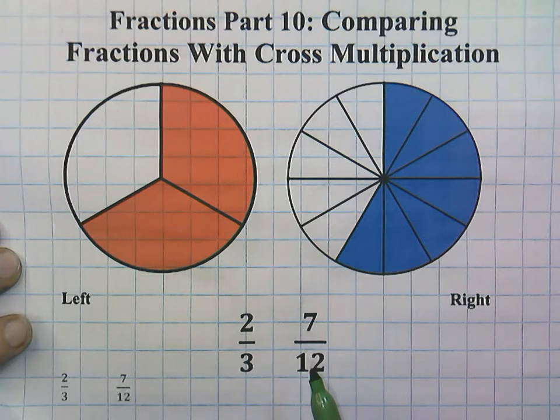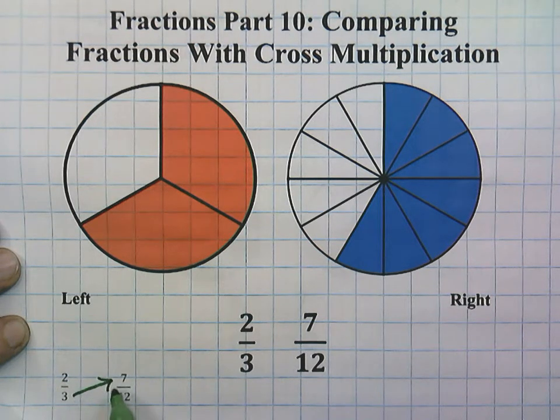So cross multiplication is when you would take the 2/3, you would multiply the 3 times the 7, and then write it up there, and then the 12 times the 2, and then when you get your product, you would compare them. And it has that cross, and that's what we mean here.